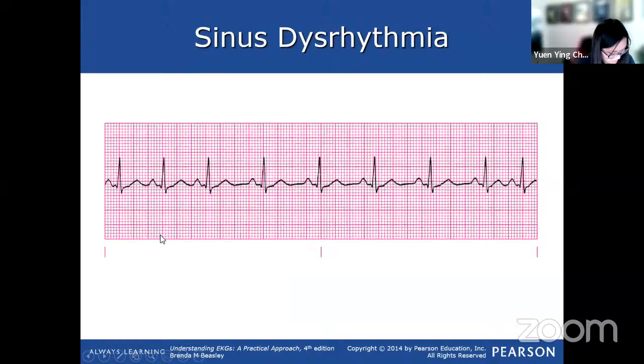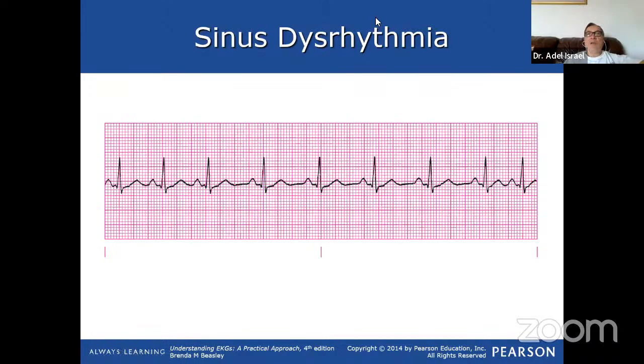And then second, I can see that the rhythm is irregular. All right. So R to R is not similar. So let us check together which one is normal. From here to here, it is the same as from here to here. It is the same if we go from here to here. It is the same if we go also from here to here and also from here to here.